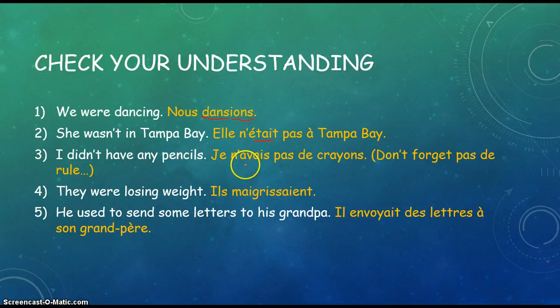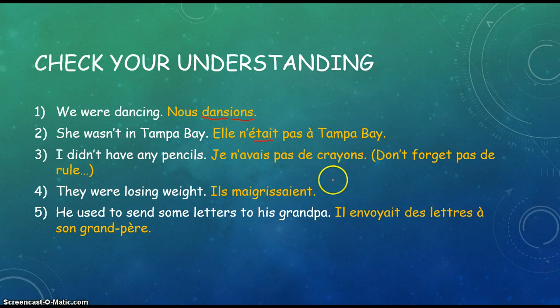The same is true with number 3. Don't forget the pas de rule. When you don't have a, an, or some of something, you must use the pas de rule. With number 4, I know IR verbs usually mess some of us up.